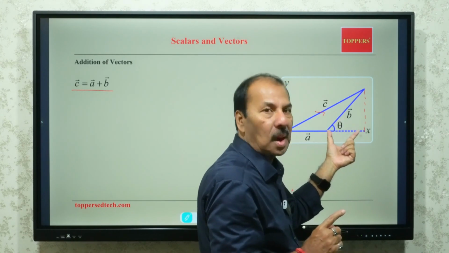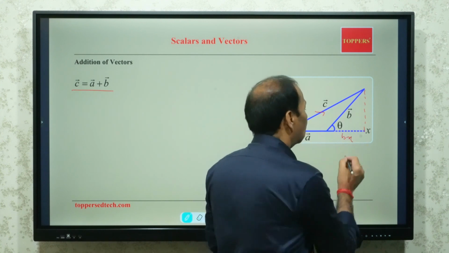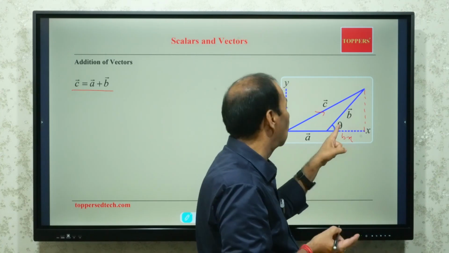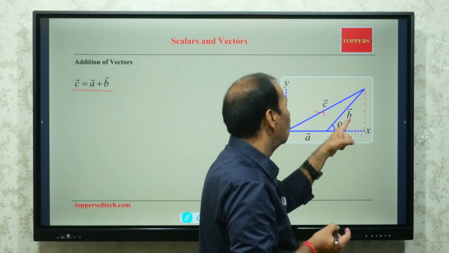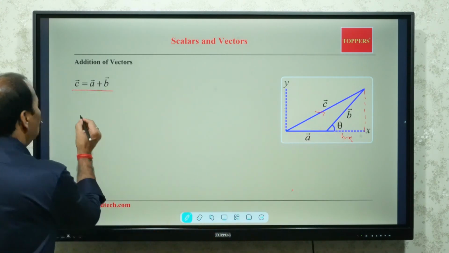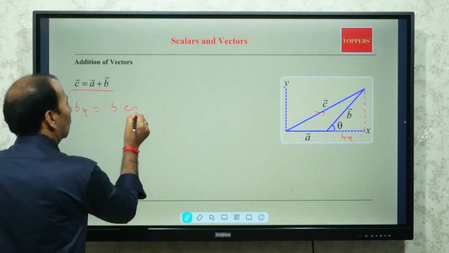This part is bx, and we can calculate this bx using the cosine relation, cos theta is base upon hypotenuse. So this gives you bx is equal to b cos theta.